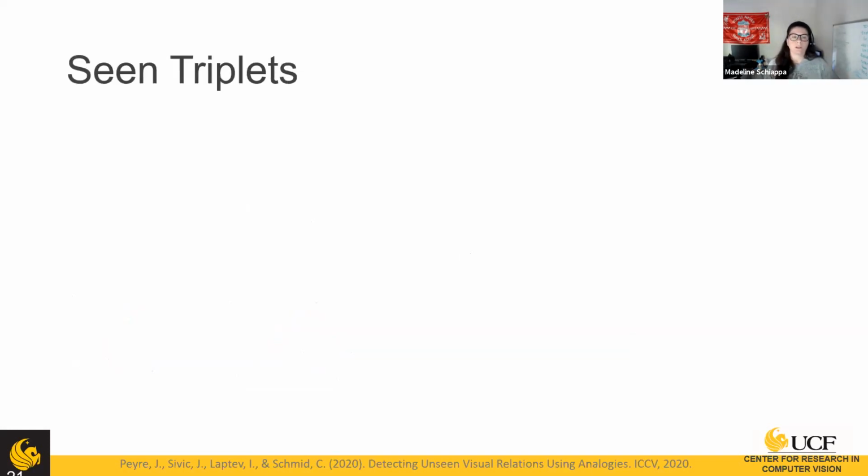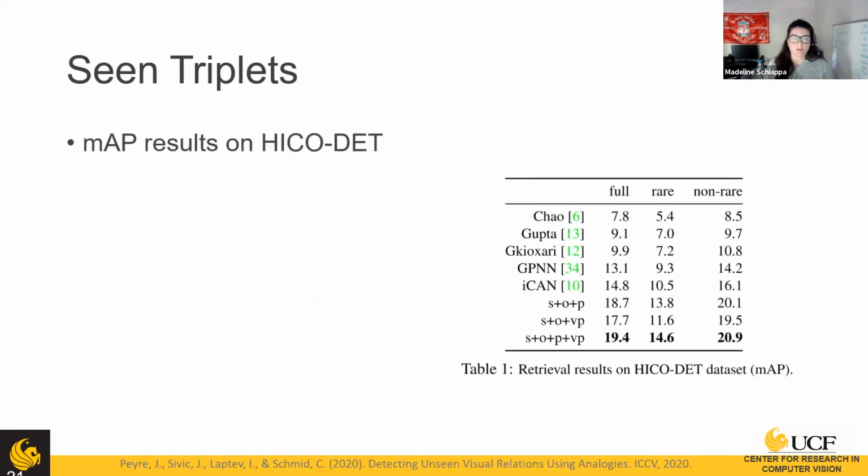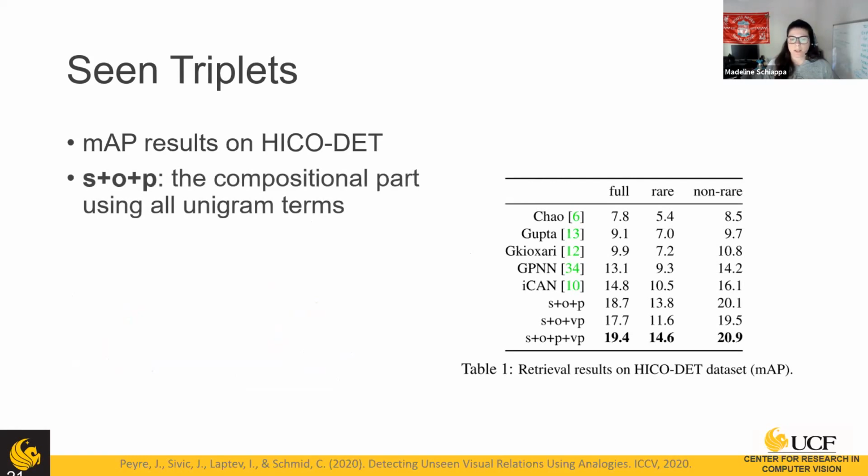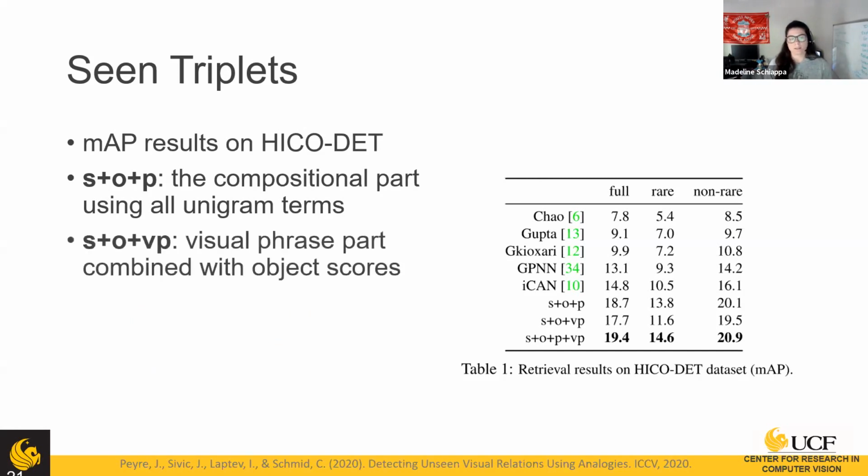So their first experiment is to train on triplets and test on similar triplets seen in training data. These are the results using trained on HICO-DET and evaluated on HICO-DET. S plus O plus P is just the compositional part alone, so it just uses subject, object, and predicate textual embeddings. SO plus VP is using visual phrase combined with object and subjects.